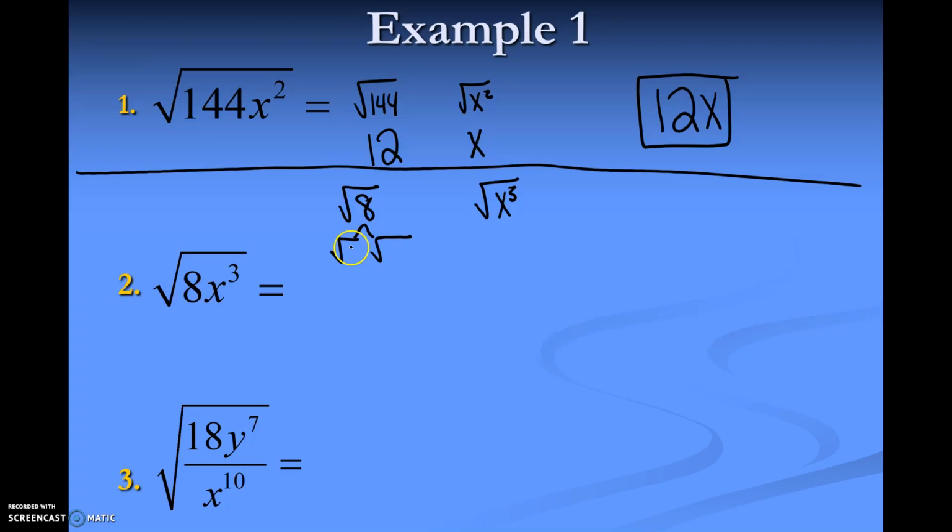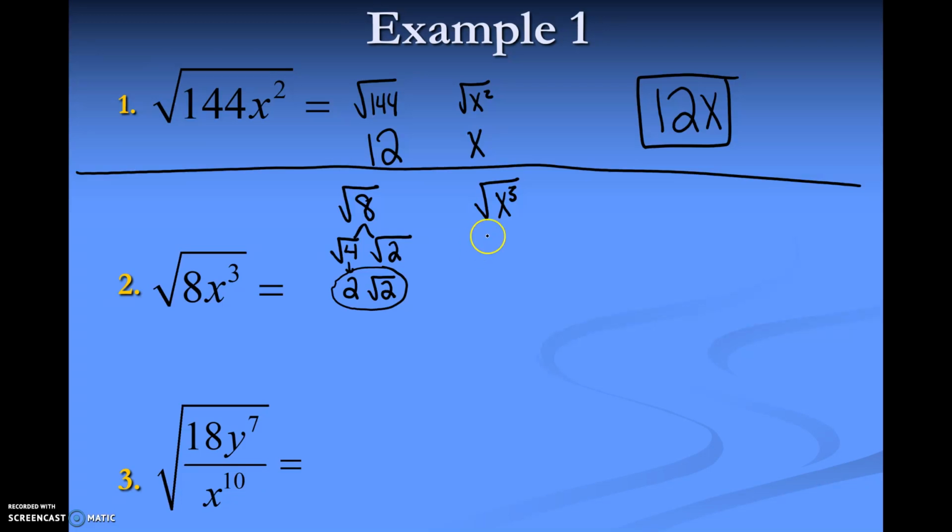What should we split 8 into? 4 times 2. The square root of 4 is 2. So we have 2 times the square root of 2. That is our number portion of this problem, 2 times the square root of 2.